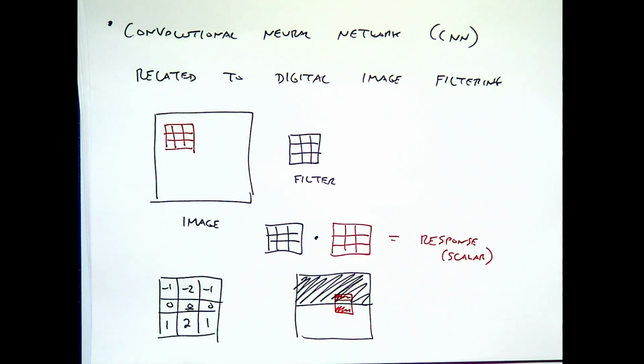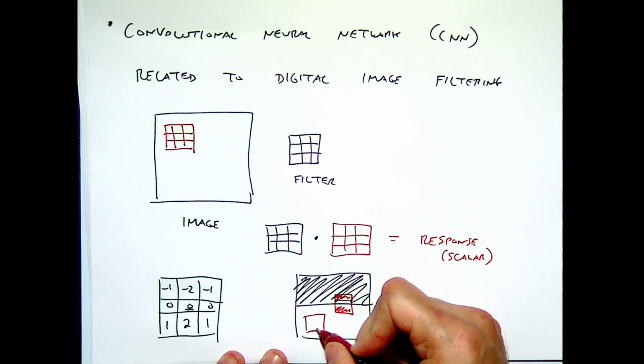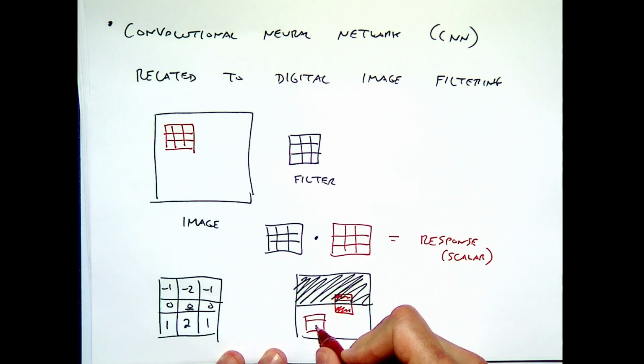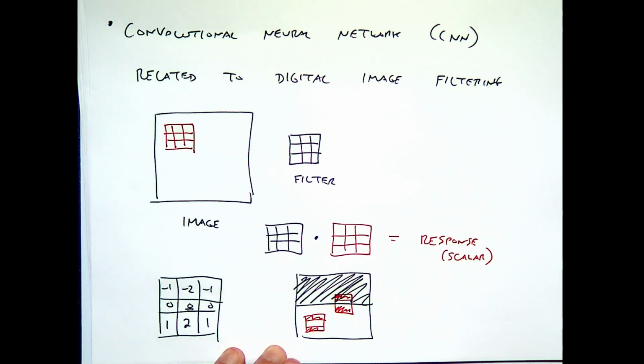On the other hand, if I put the filter in the middle of a constant area, the top part and the bottom part exactly balance each other out, and I get 0. So this filter only gives a response when I'm sitting on top of a horizontal edge. If I transpose it, I can detect vertical edges, and if I skew it by 45 degrees, I can detect diagonal edges.